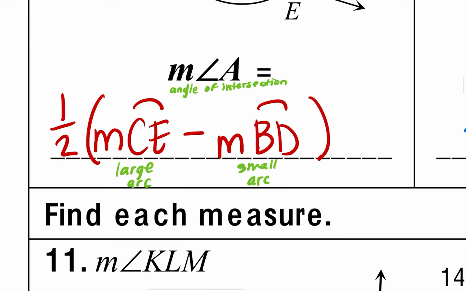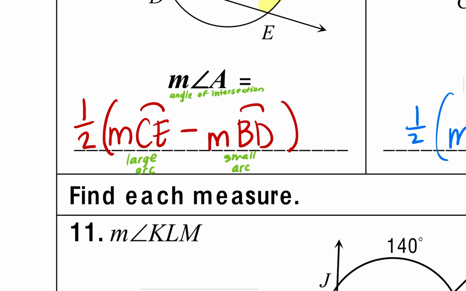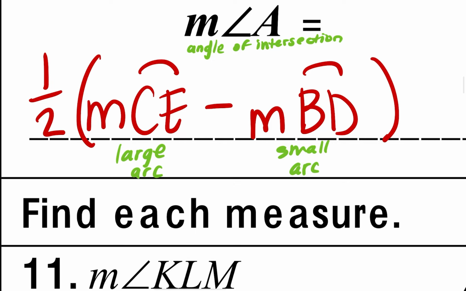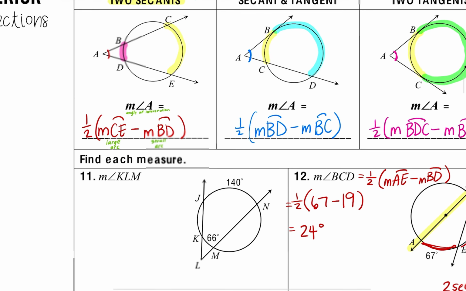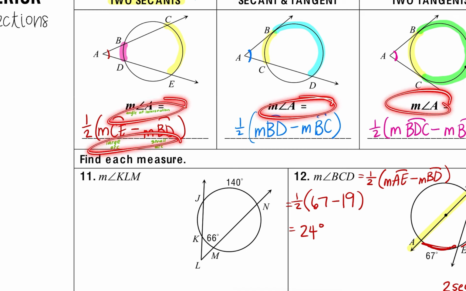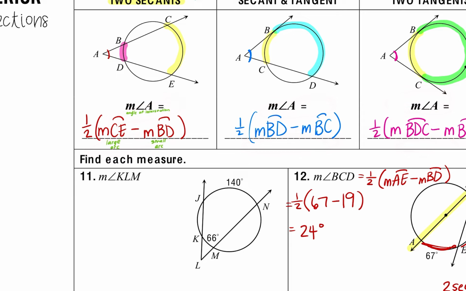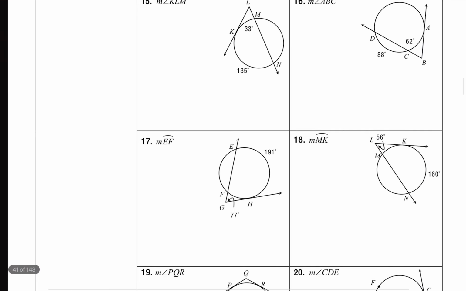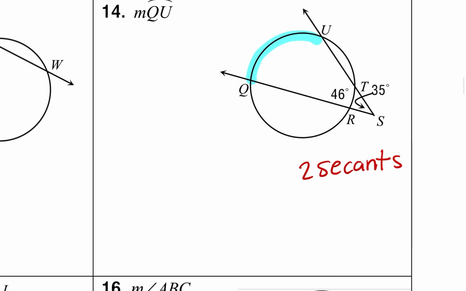This angle pertains to the angle of intersection between the two secant lines. And you always take the large arc minus the smaller arc, right? So that you don't get a negative number. And that would be the same across all scenarios. Well, all problems also.